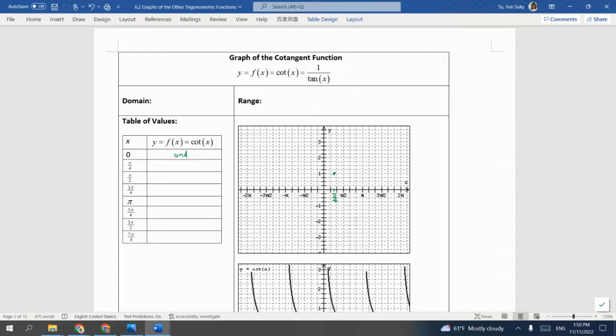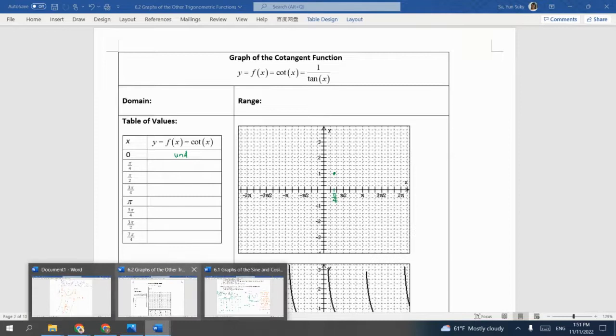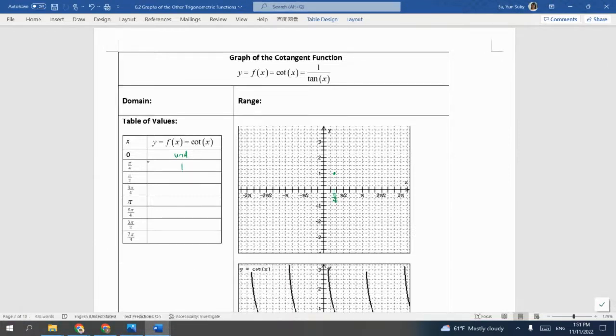But now for the cotangent, the key point at pi over 4 is 1. At pi over 2 it is 0. So it's like that. And then, when we keep going, at pi this is minus 1.